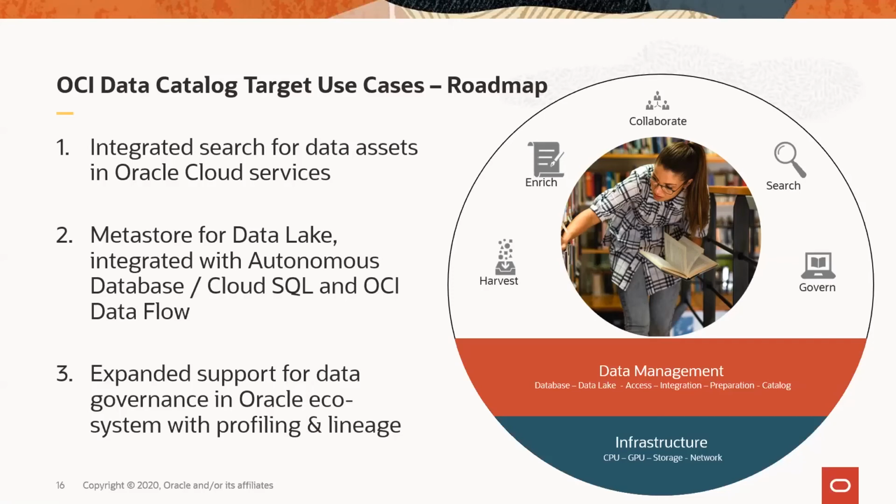Data catalog is already harvesting and already understanding what's in the object store. So we can help those systems define external tables and whatever schema definition they need, so that the manual process is eliminated and the table is just there. We want to integrate with those systems so that the knowledge we're collecting about the data lake can be translated into something meaningful to ADB, Cloud SQL, and OCI Data Flow users.